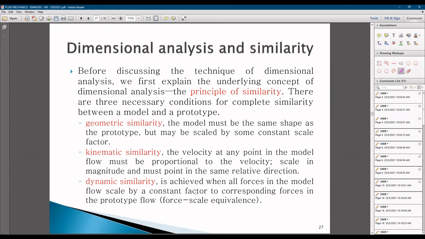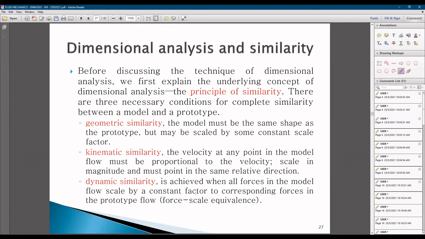If the actual prototype is rotating, then when it comes to the analysis of the model, you must make sure that the model also rotates in the same manner.